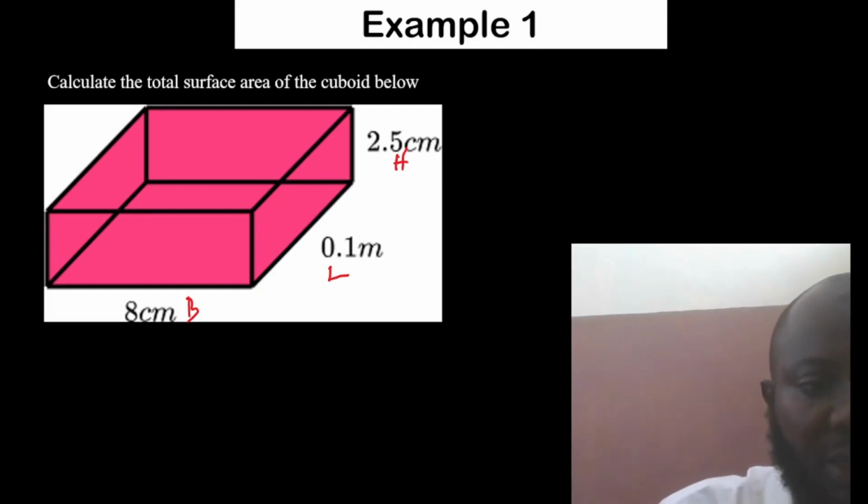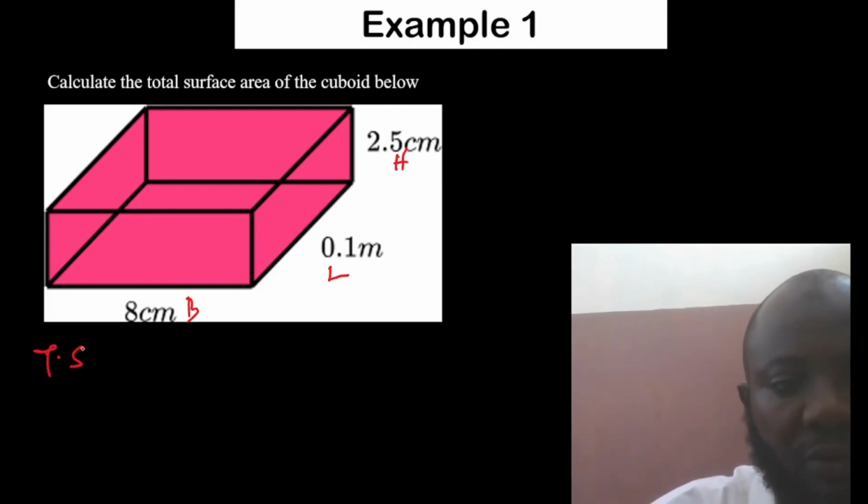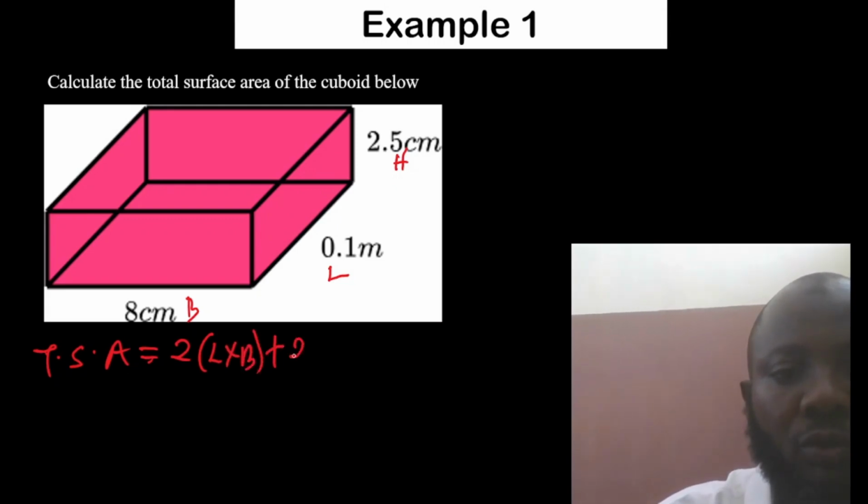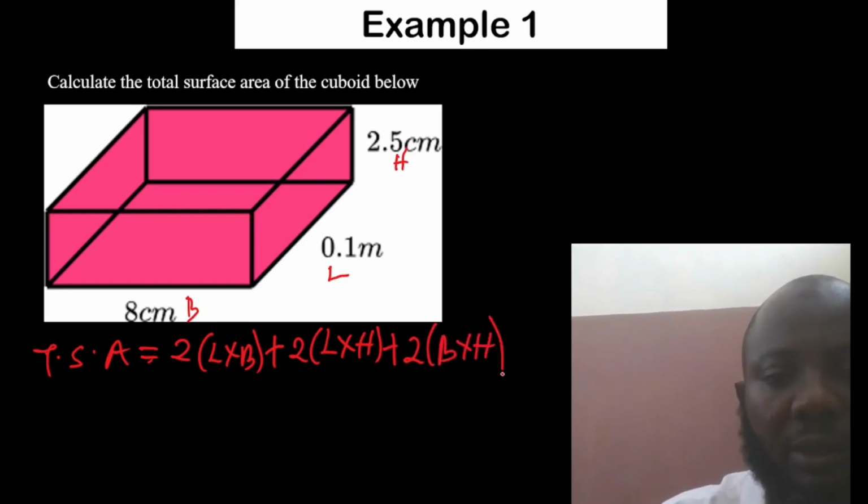So the first thing, let's bring out the formula, total surface area, which is what? 2 into bracket length times breadth, plus 2 into bracket length times height, plus 2 into bracket breadth times height.